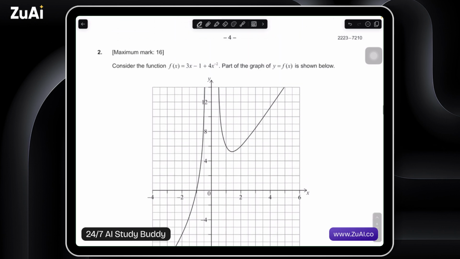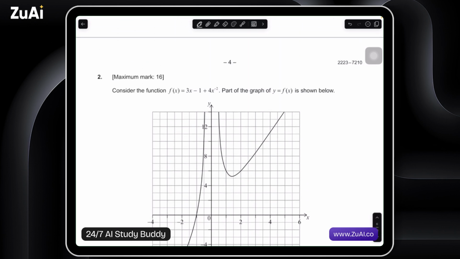That's our first question. So we've got this original function here. It's f of x is equal to 3x minus 1 plus this 4x to the negative 2. If we have x to the negative 2, what we actually have is 1 over x squared. Just like when we're doing calculus, for example, and they give us a function like 3 over x, we would write this out as 3 times x to the negative 1.